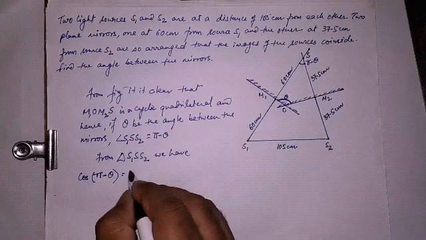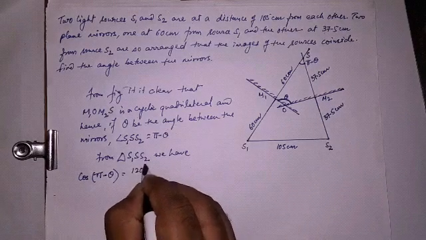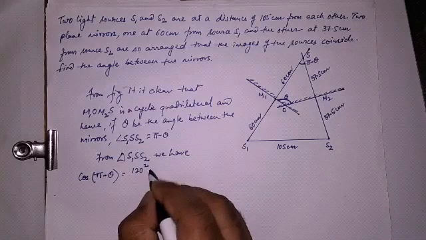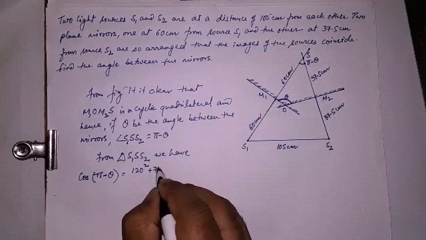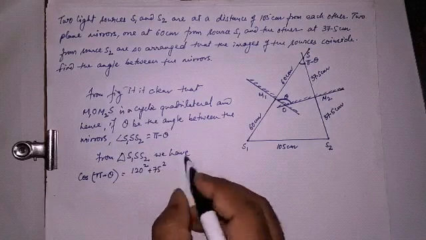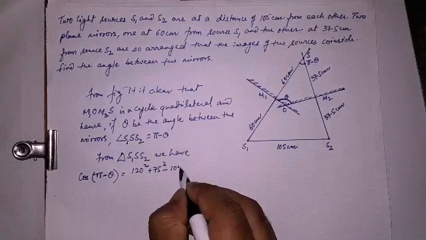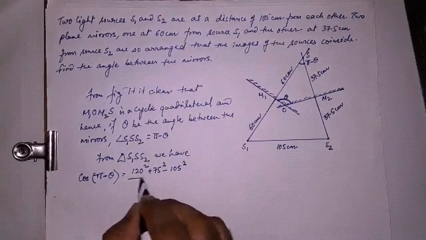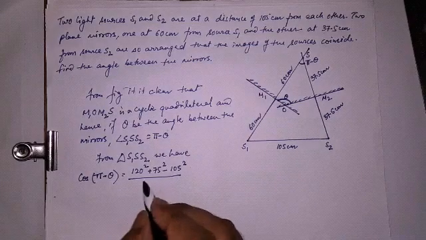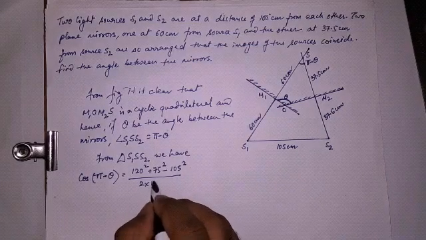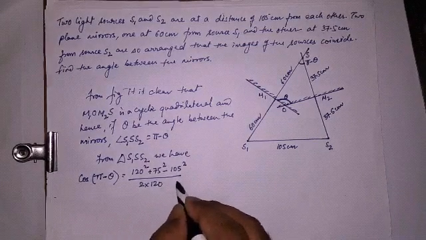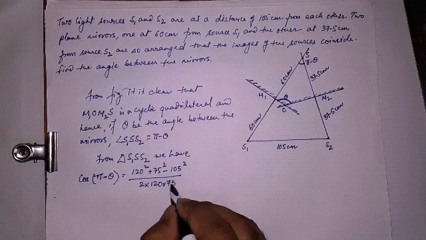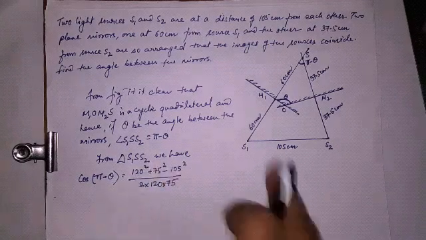So that is equal to 120 square plus 75 square minus 105 square divided by 2 into 120 into 75. Now, how did you get this?